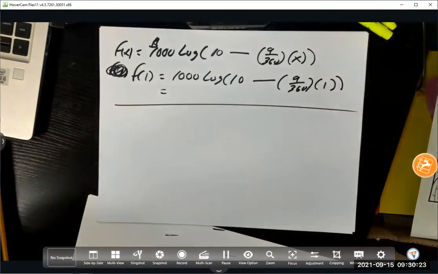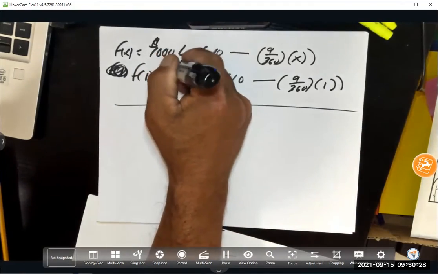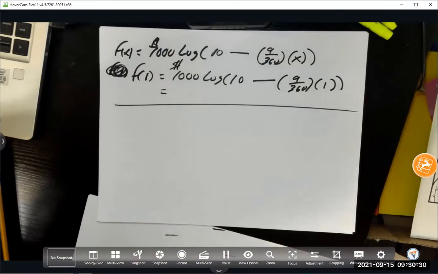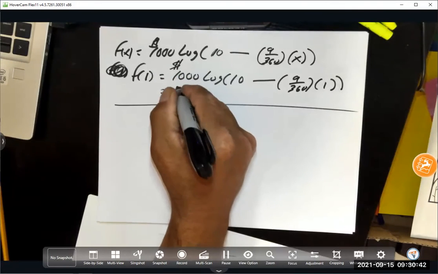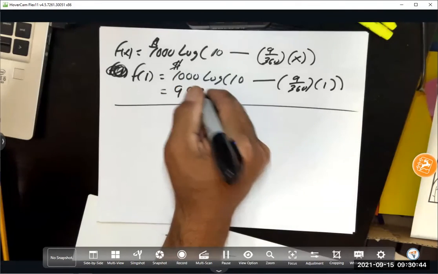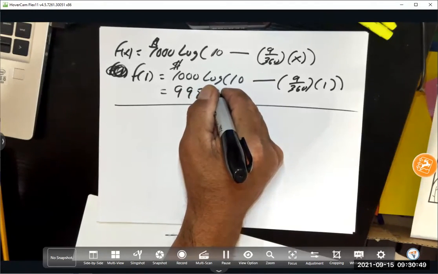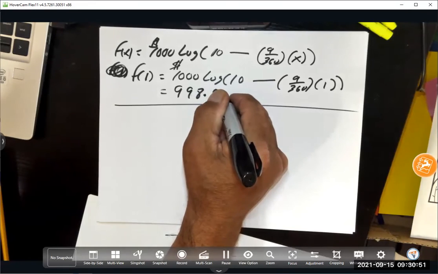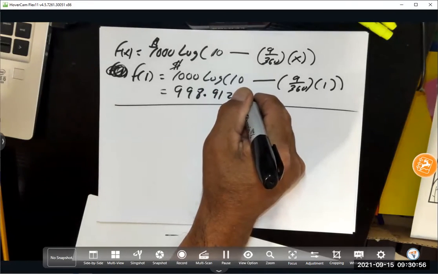So if I send one payment to my credit card people, and I owe $1,000 right now, they're gonna say, okay, you send a payment? Yes. How much do I owe? Okay, it is 998.91.